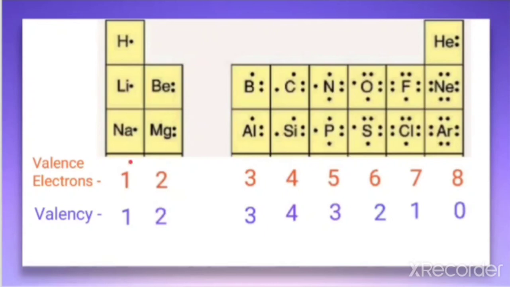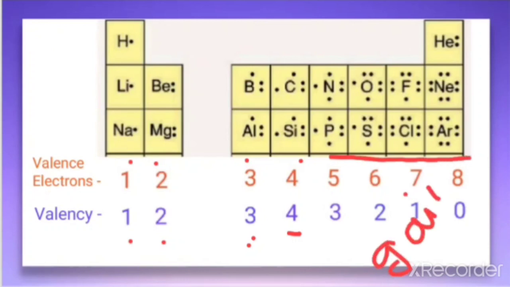If 1 is the valence electron, it loses 1 electron, so valency is 1. If 2, it loses 2 electrons, so valency is 2. If 3, it loses 3 electrons, so valency will be 3. But when there are 4 electrons in the outermost shell, it shares electrons. And when it is more than 4, gaining takes place.